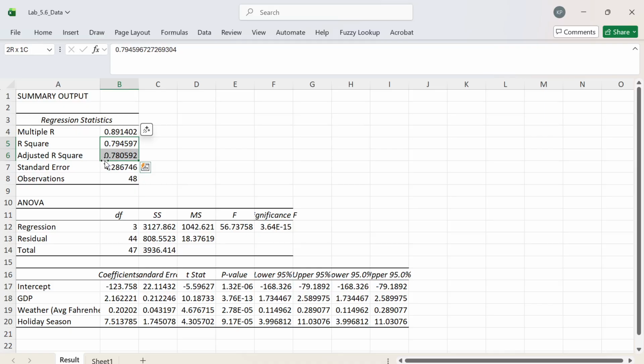In this case, you can see the adjusted R square is 0.7807800592, which is near to 1, so this is a good model with the ability to explain the dependent variable.